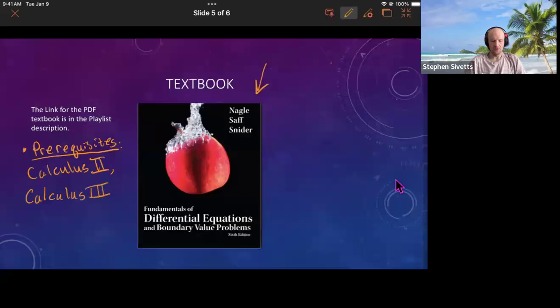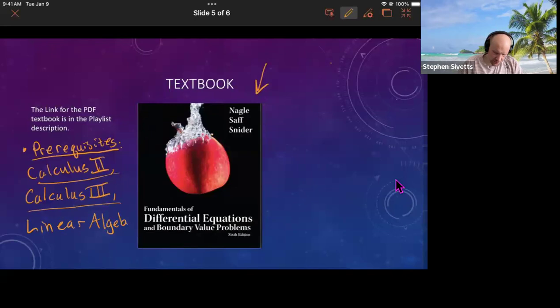Okay. Because we'll look at, much sooner, exact differential equations, and they use concepts in calculus 3. And you may need some linear algebra content, but it's not necessary.